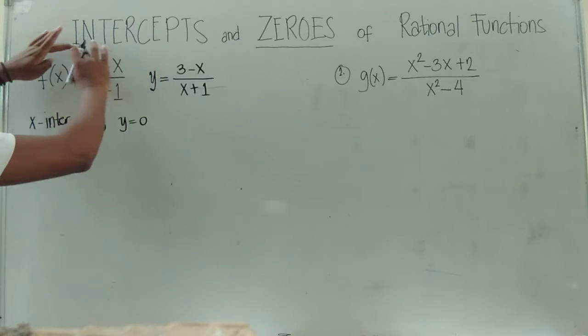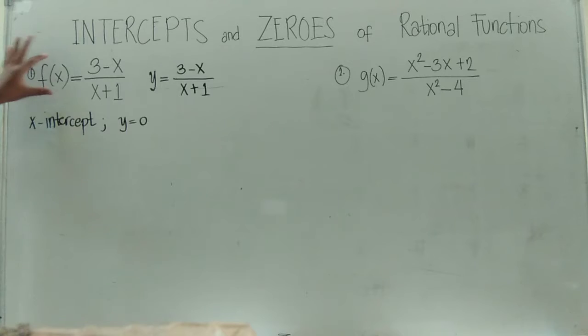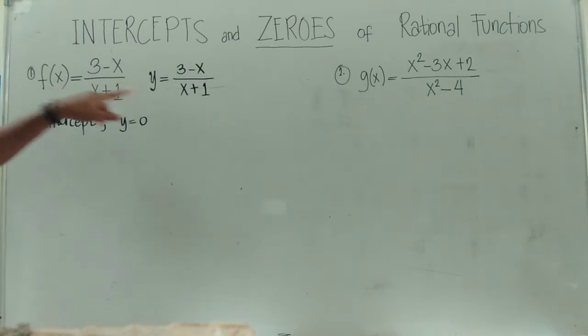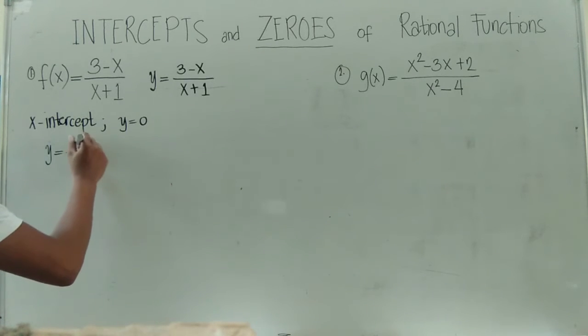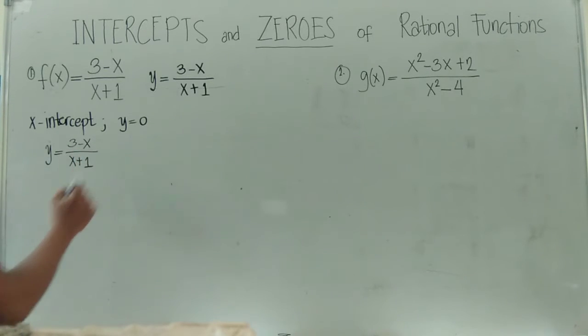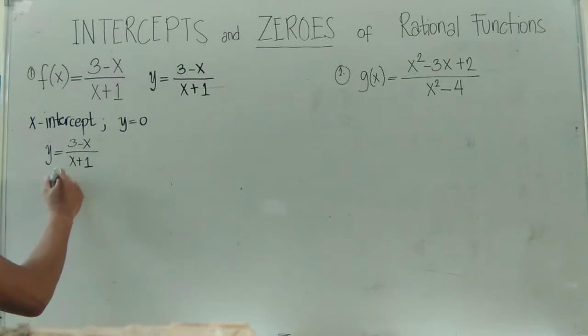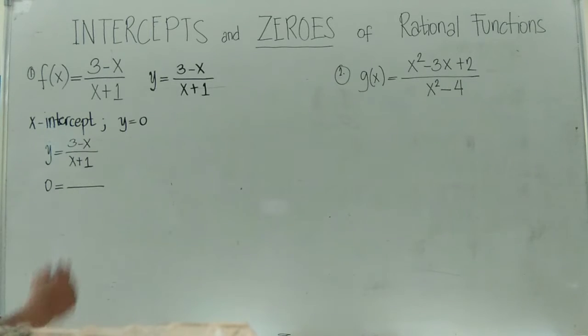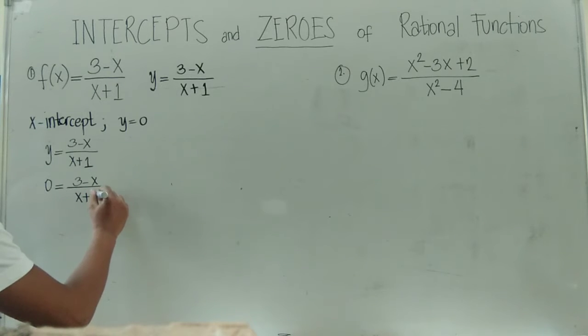Some of us will ask where is y in there, so f of x is your y. So let us use y equals 3 minus x over x plus 1. Substitute y equal to 0. So we have 0 equals 3 minus x over x plus 1.